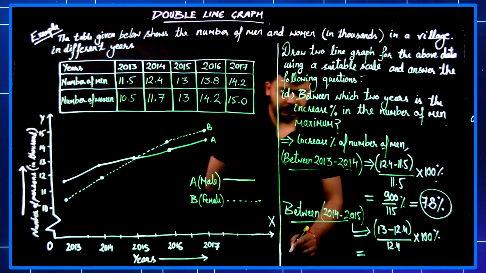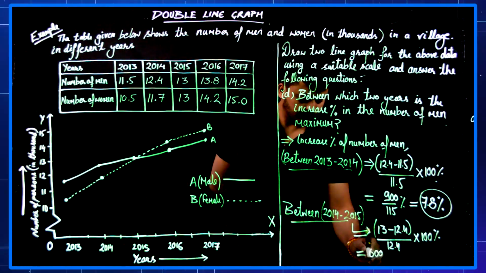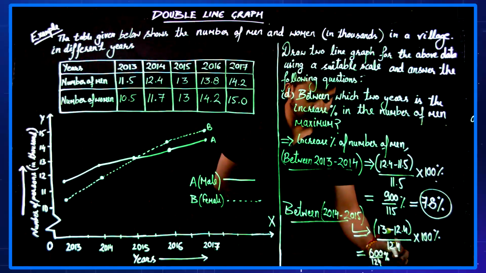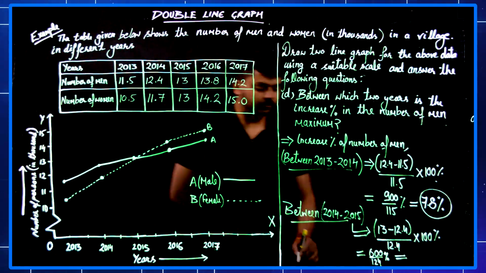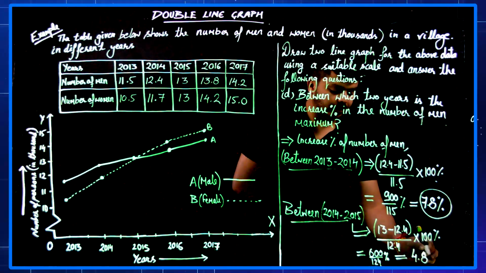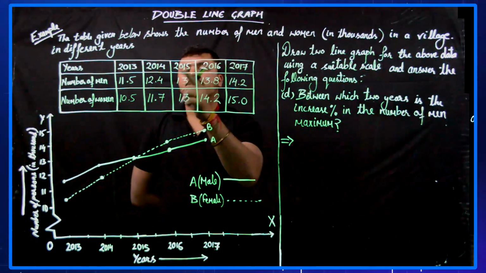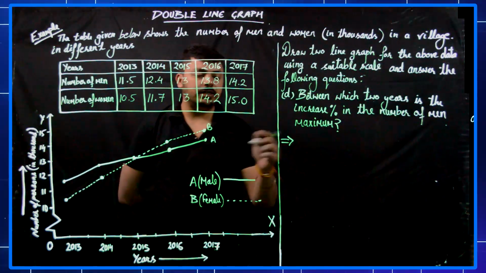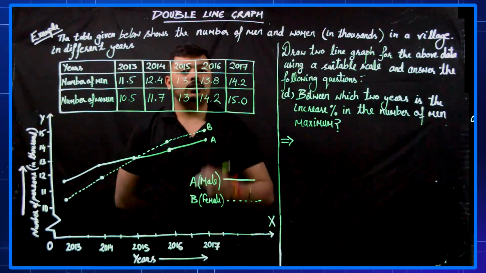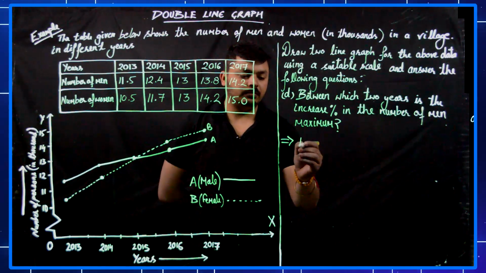So we get 600 by 124 percent, equals 4.83%.